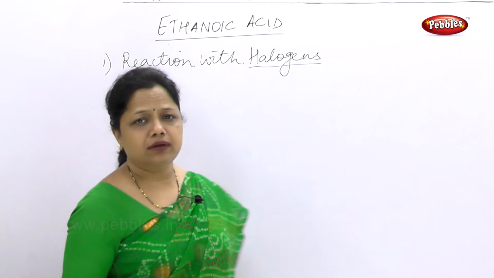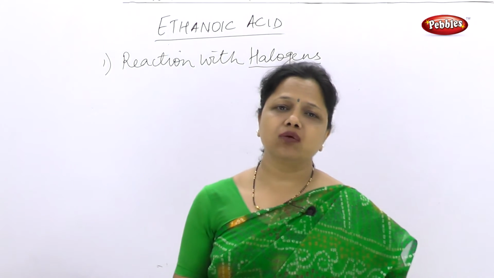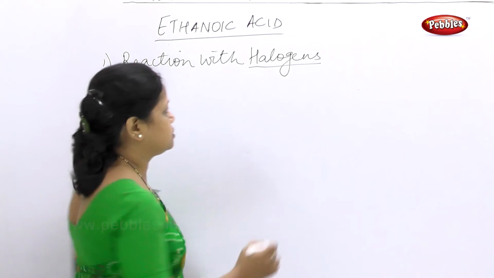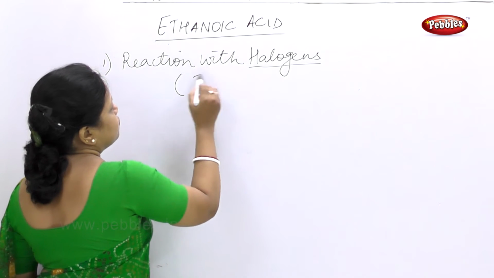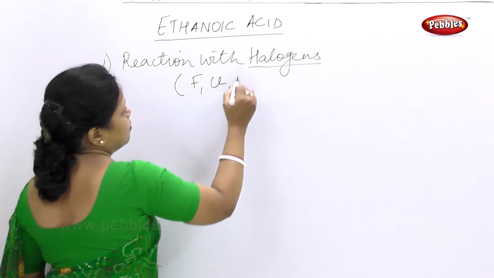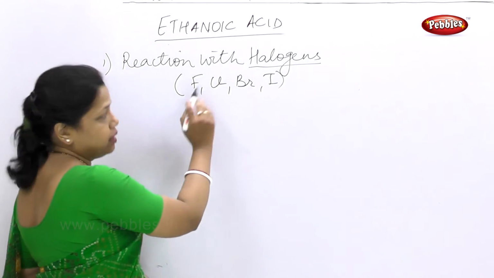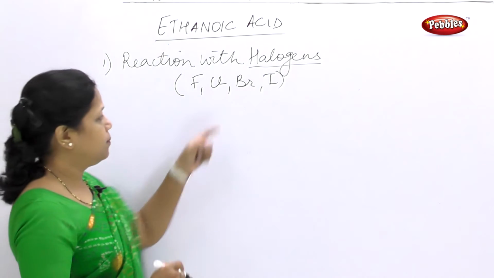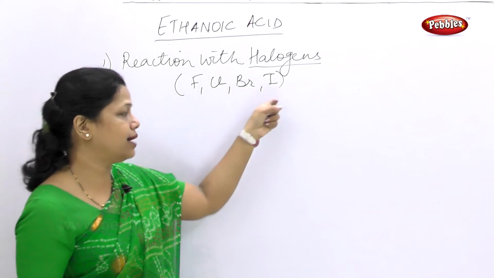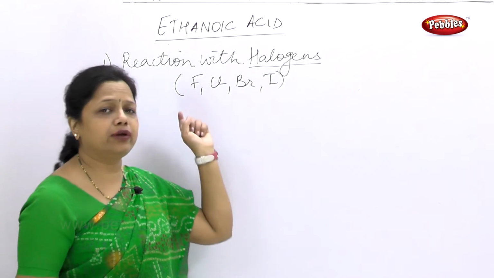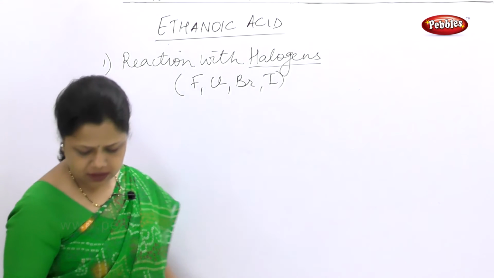Halogens are a group which contains fluorine, chlorine, bromine and iodine. F stands for fluorine, Cl for chlorine, Br for bromine, and I for iodine. So we are going to see how it reacts with halogens.